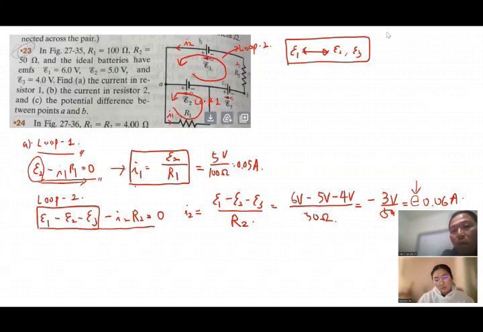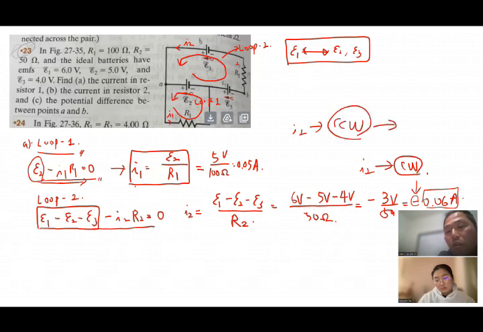So minus sign means the current must flow clockwise, because the direction I chose is not the right direction. That's why I end up with the minus sign in my value of current. So in terms of the sign of the current, the I2 must be clockwise, because I just assumed that the I2 was counterclockwise, and now it results in the minus sign, like this, right?